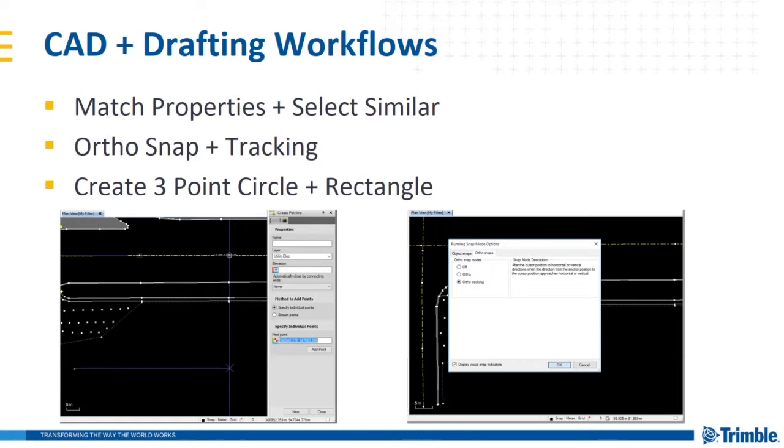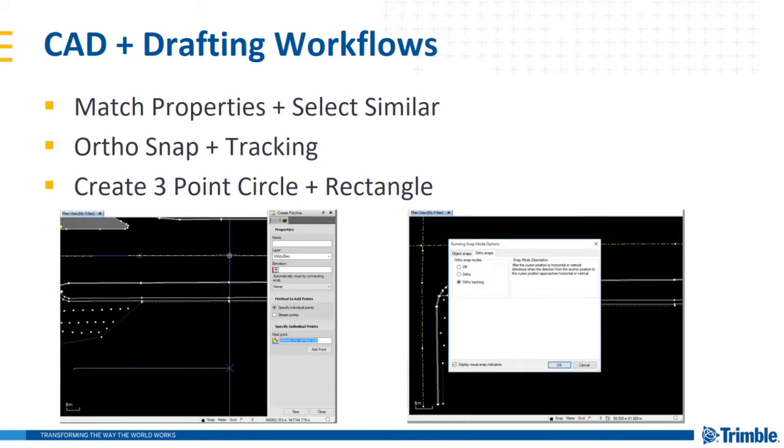All right, getting into my favorite areas of TBC, CAD and drafting workflow improvements. So we've added 2 very useful drafting commands, match properties and select similar. The new match properties can match or copy properties from a selected object to another object of the same type, for example, a CAD geometry object or a survey point.